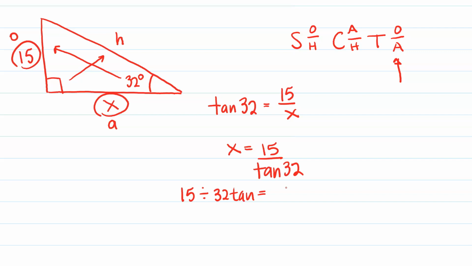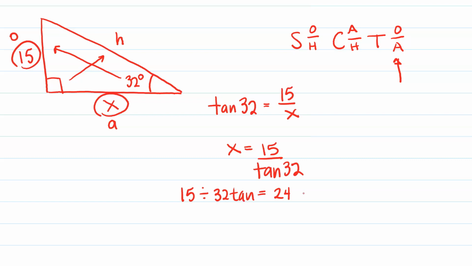And let's see what I get. So for this case, I got 15 divided by 32 tangent equals. And I got 24.005. So that would mean my missing side is 24.